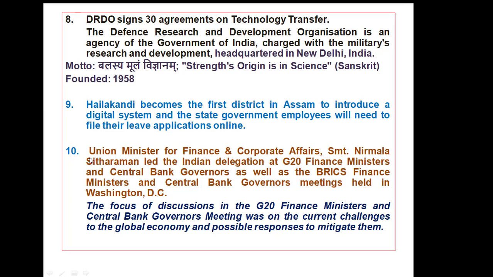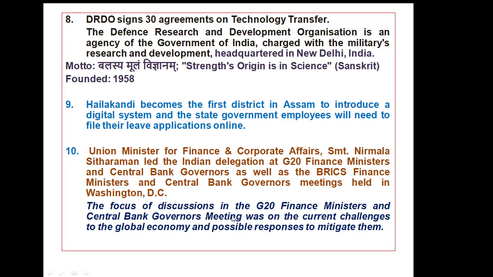Next, and this is the last current affairs item for today's session. Union Minister of Finance and Corporate Affairs, Srimati Nirmala Sitharaman, led the Indian delegation at the G20 finance ministers and central bank governors meeting, as well as the BRICS finance ministers and central bank governors meeting, held in Washington, D.C. And what was the focus of this discussion?